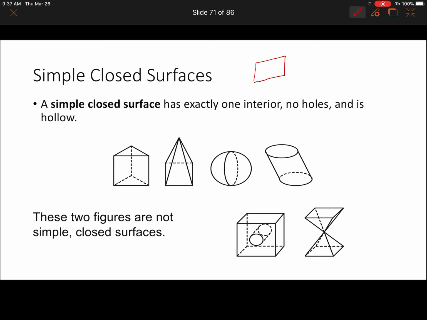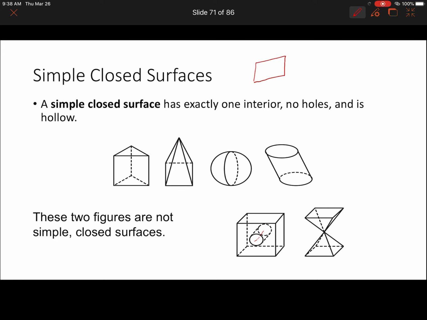But they're simple closed surfaces. So it's that idea of the outer shell, the container maybe that you would buy something in. For example, if you were to go buy a can of vegetables at the grocery store, well, the can itself would be a simple closed surface. And so we'll talk more about that coming up.